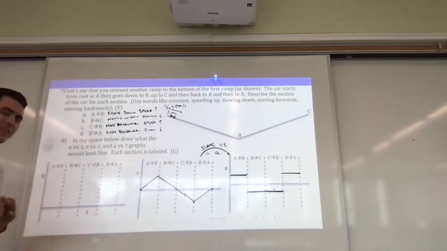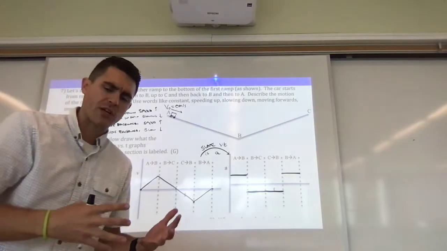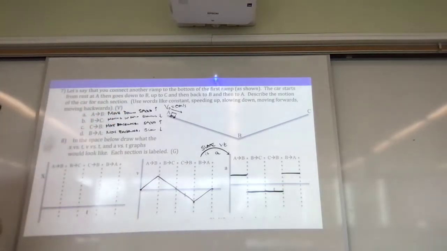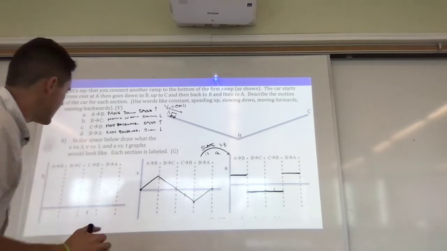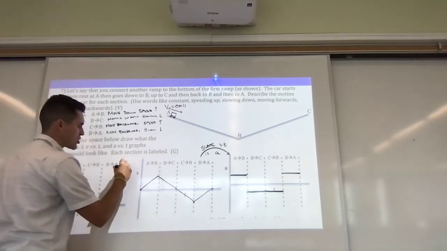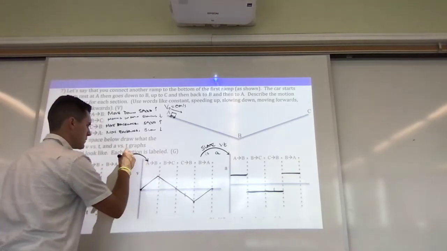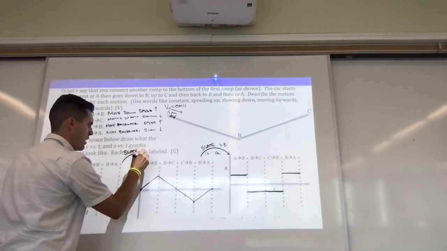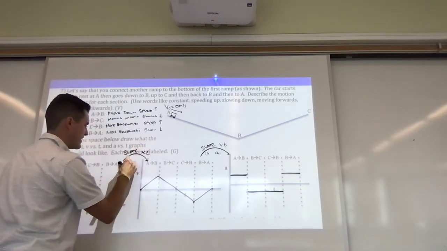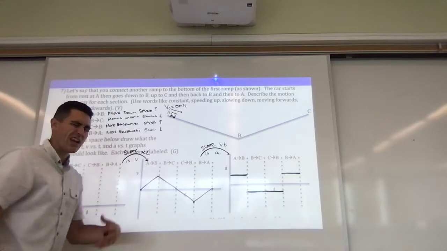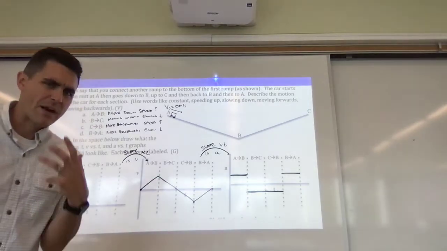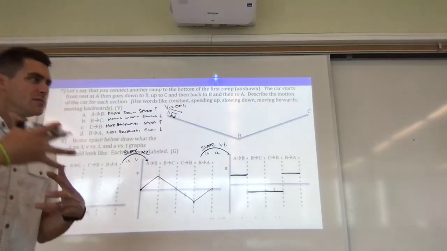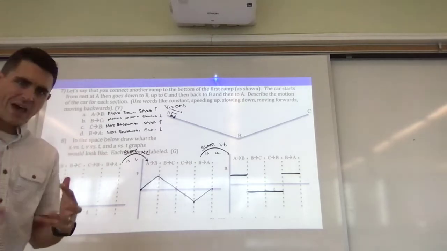The trickier one, and maybe it's not so tricky with enough practice, but the one I think is a little more challenging, is the position and time graphs. The reason why is because I know that the slope of a position time graph is velocity. I know this, but I have a hard time turning my brain around backwards.